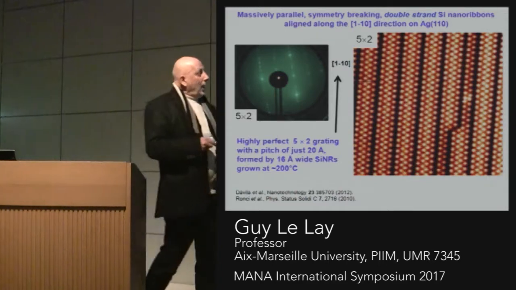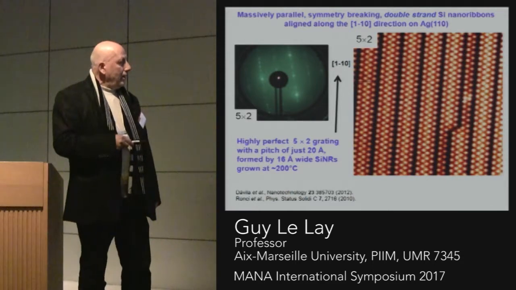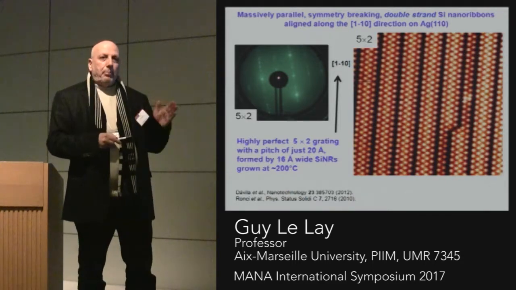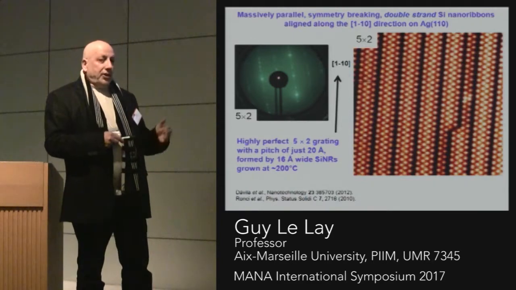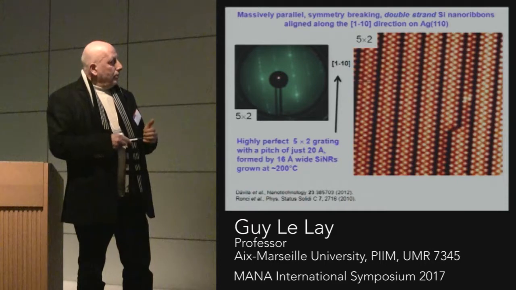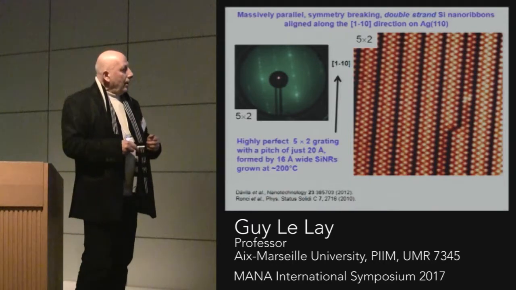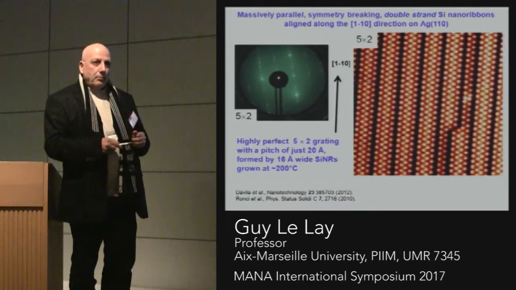If you heat up a little bit, or if you grow at slightly higher temperature, around 200 Celsius, you can grow a nearly perfect array, which is a 5 by 2 along the length, by 5 along this perpendicular direction, the 100 of silver. They can reach hundreds of nanometers in length.